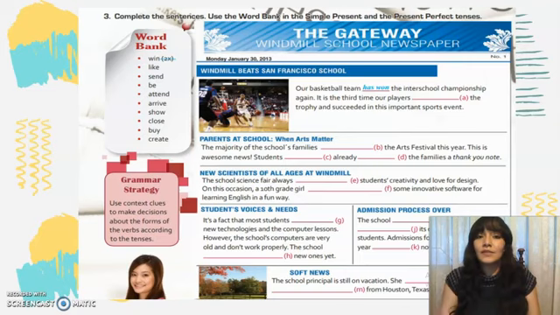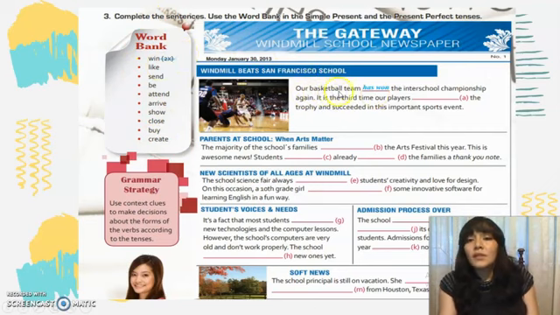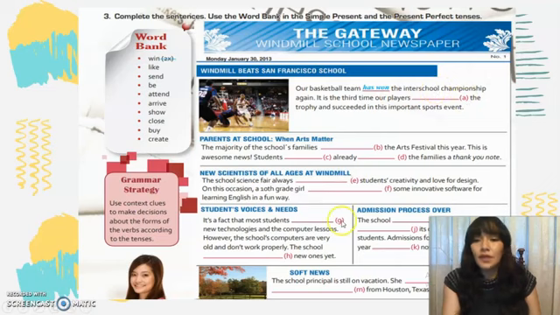So for this activity, you have to fill in these blanks using the words that you have here in the word bank. And here you have an example: Our basketball team has won the inter-school championship again. So you have to continue doing the same using all these words from the word bank. So pause the video and come back when you finish the activity.